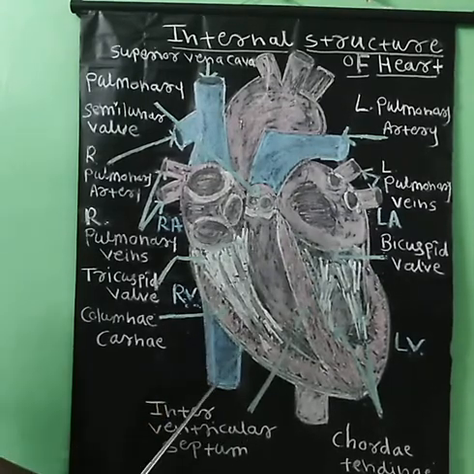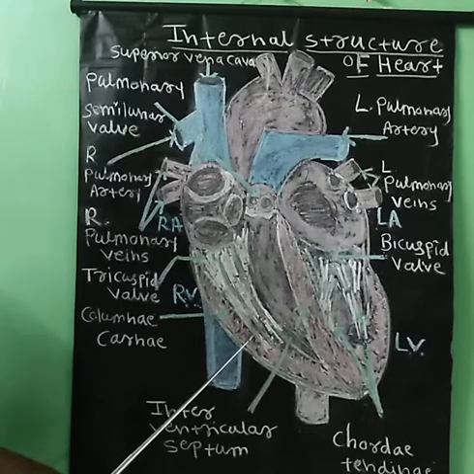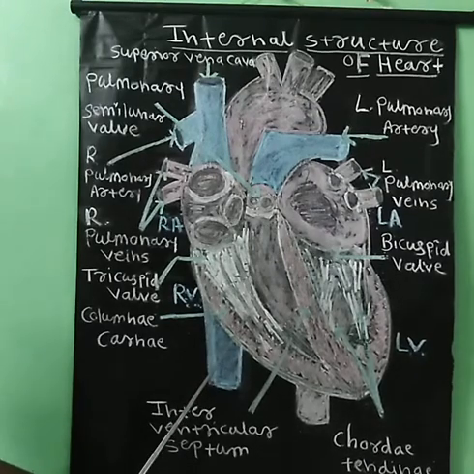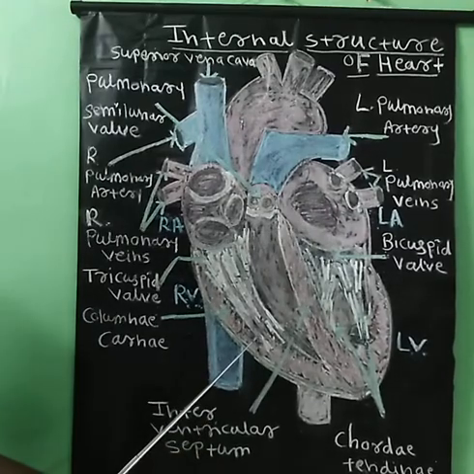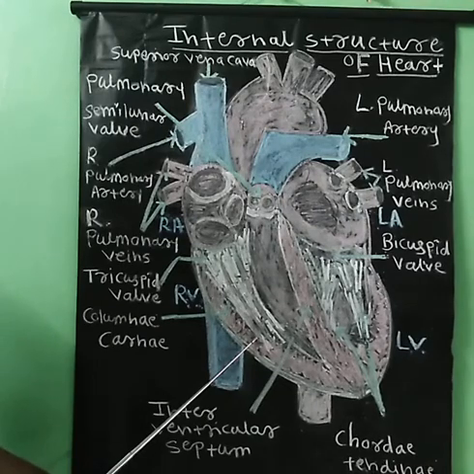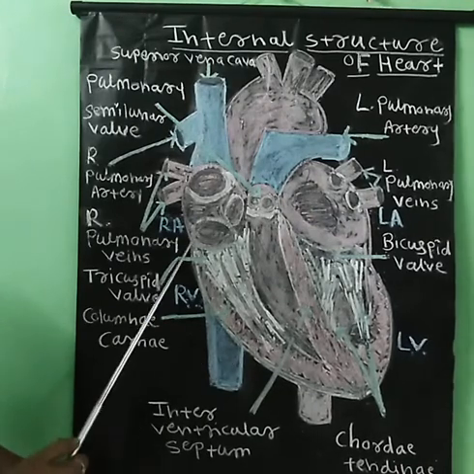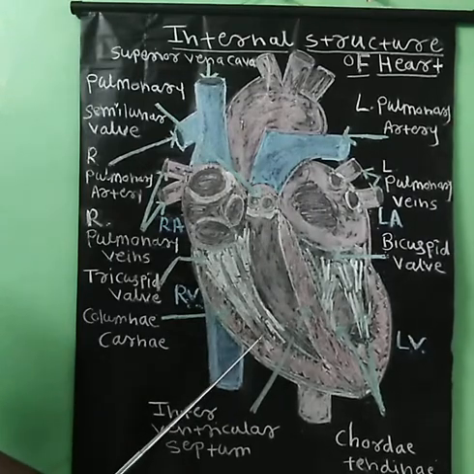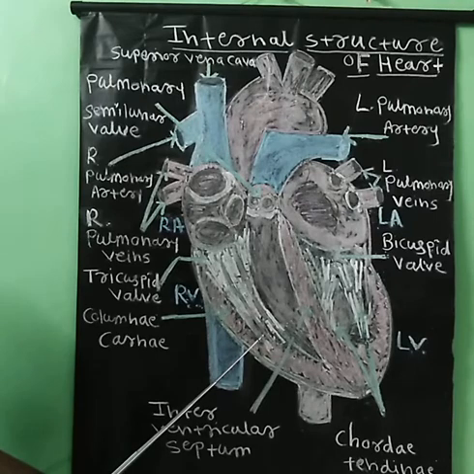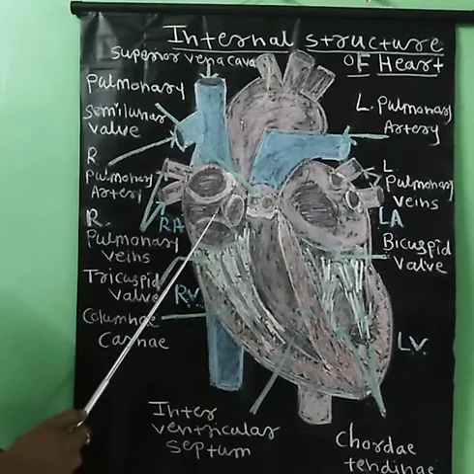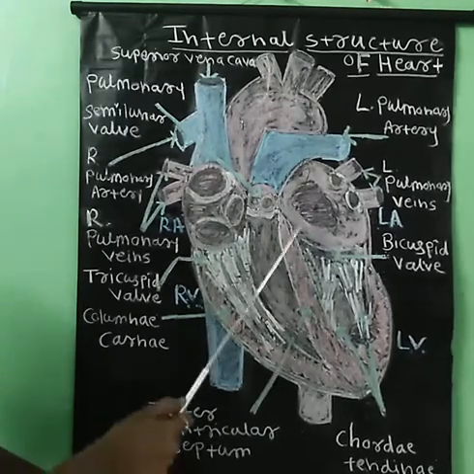All these valves present in heart function for unidirectional flow of blood and they avoid backflow of blood, such as backflow of blood from ventricle to auricle.